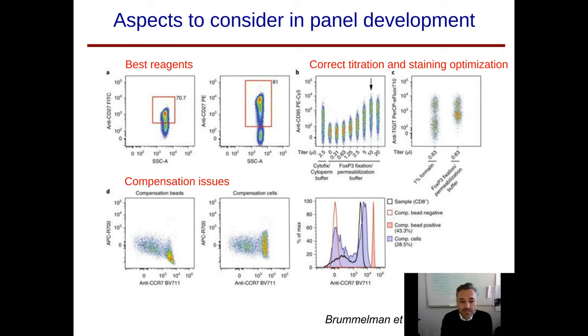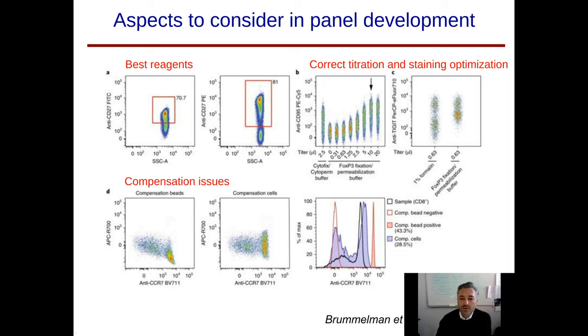But just to give you an idea of how two different reagents, the same clone but in two different colors, perform completely differently: on the left we have CD27 A750, on the right CD27 PE. You can see the PE is much brighter. So when you develop a panel, you should choose the best reagent if you have that possibility.